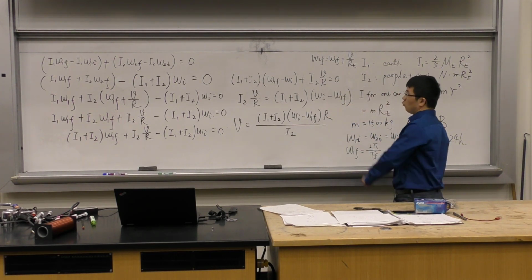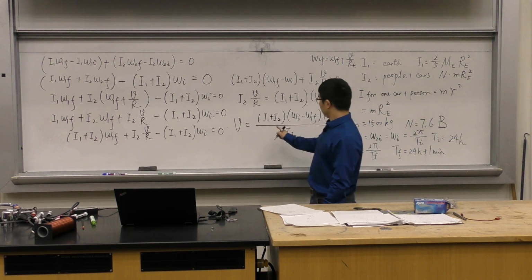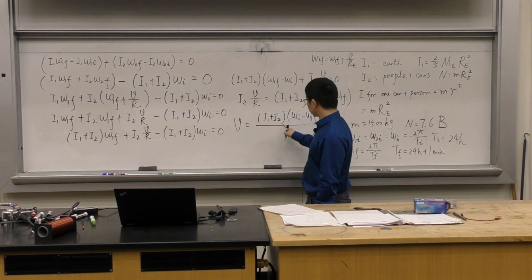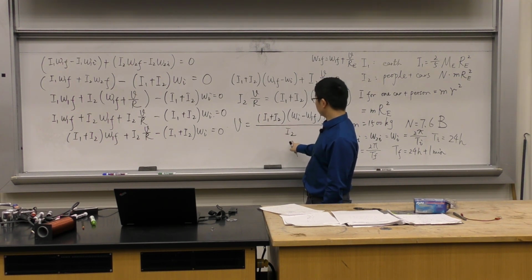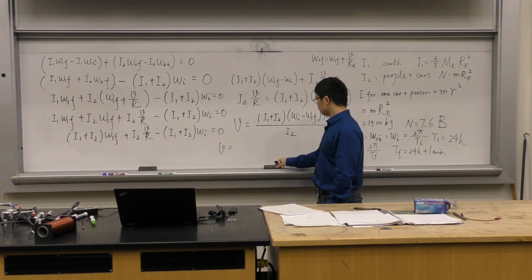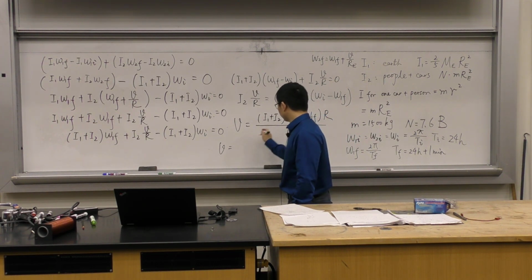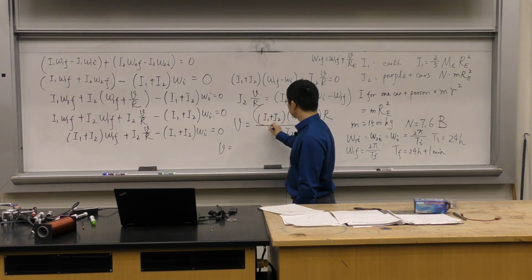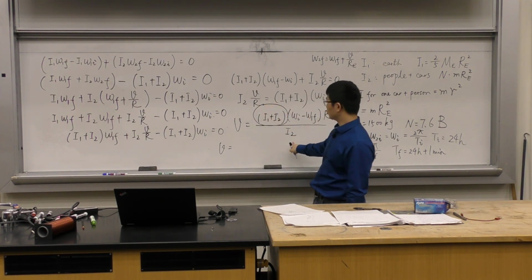Okay, and that's pretty, well, there's one more thing I can do. I'm going to divide this whole sum by I2, okay? So I can separate them. I put these guys on the side. So v is going to be this guy divided by that. This one times this. Divide this by I2. What do you get?